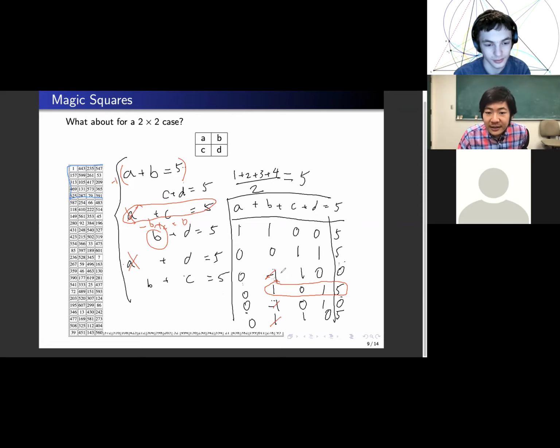So if you add this in, you would get 0, 1, 1, and 5, and 0, 0, 2, and 5.